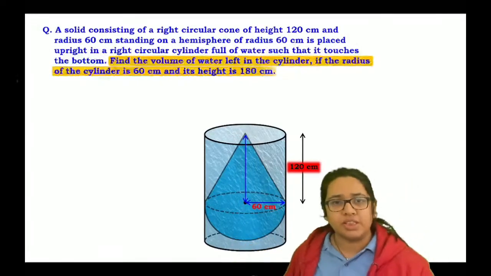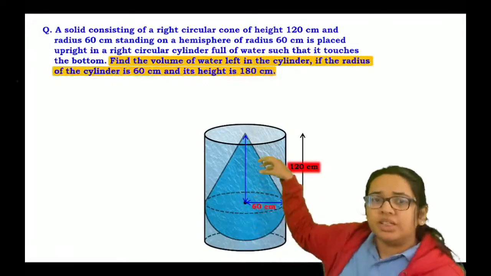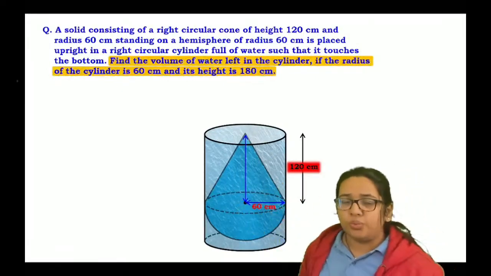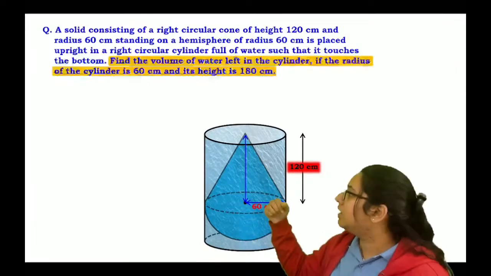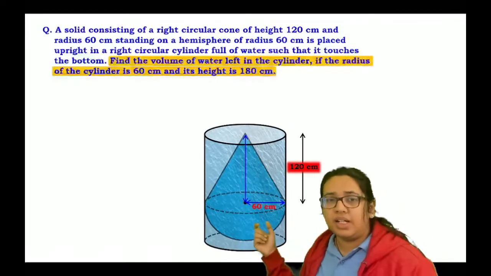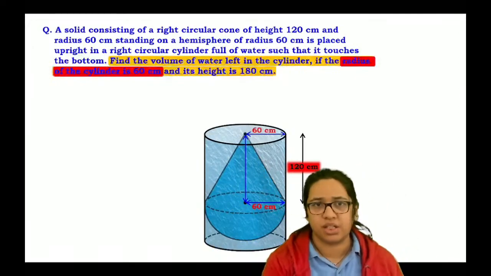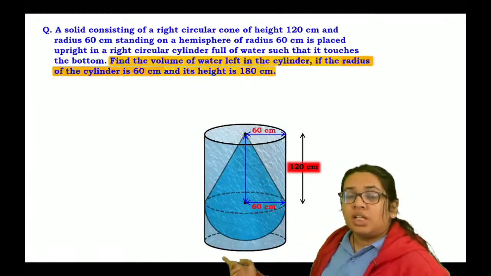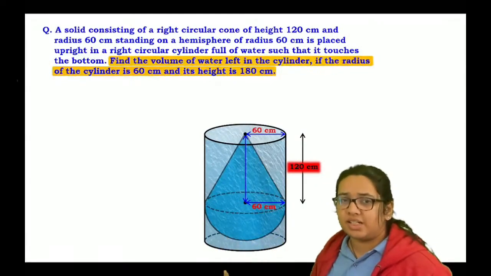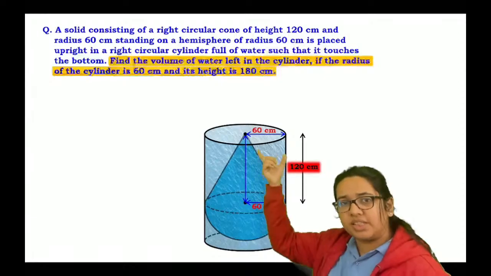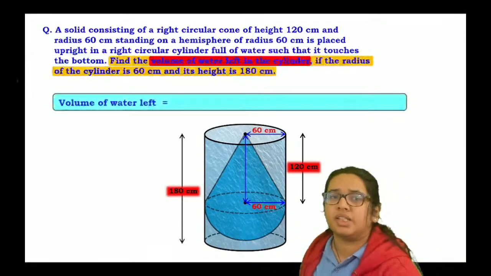So first of all you will consider that the whole container is full of water and after that you are setting this solid into it. So obviously whatever is the volume of this solid containing right circular cone and hemisphere, it will be displaced. The dimensions of the right circular cylinder: its radius will be 60 centimeter and height is given as 180 centimeter.